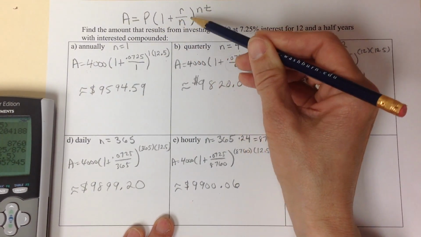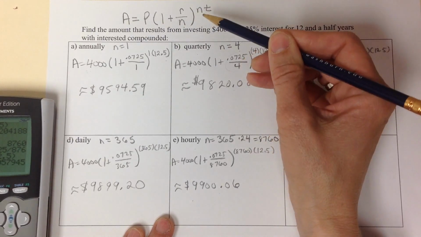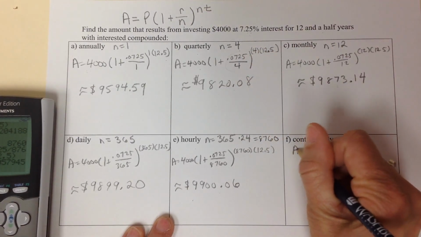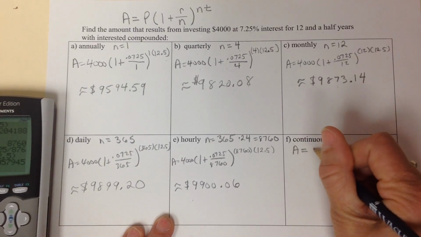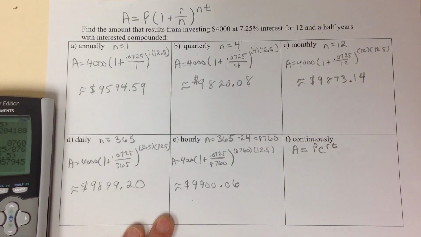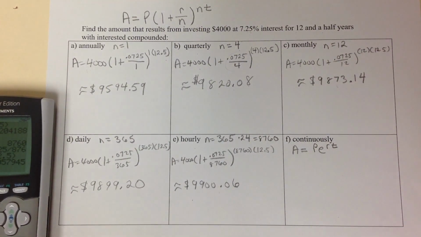We can't plug infinity into the formula. So here's where a new formula comes about, and it comes from something with calculus by taking a limit. But the new formula is A equals P e to the rt, often memorized as PERT. This is for continuously compounded interest.